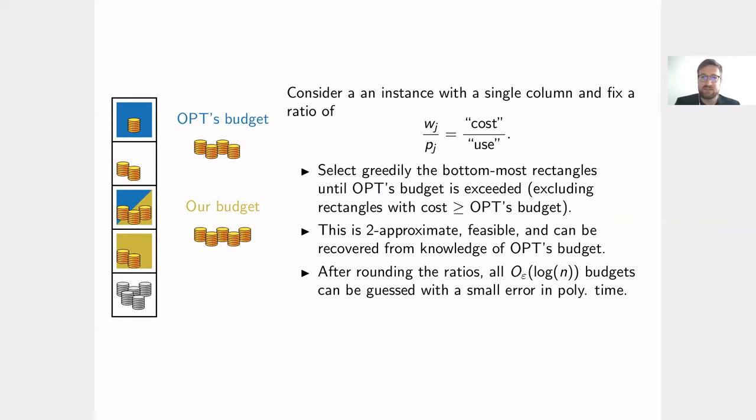It's not hard to see that this change in the solution from opt to our solution retains feasibility, because in some sense we are only shifting opt's budget downwards, and the coverage constraints always include lower squares, so it cannot be bad to shift the budget downwards.